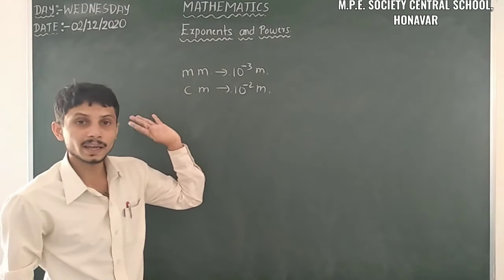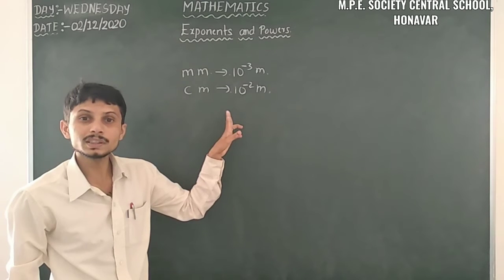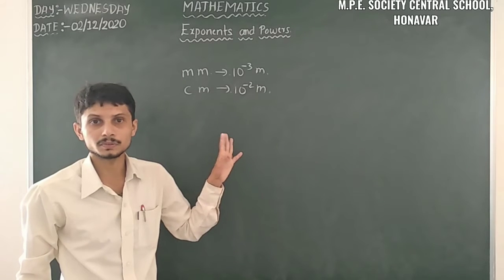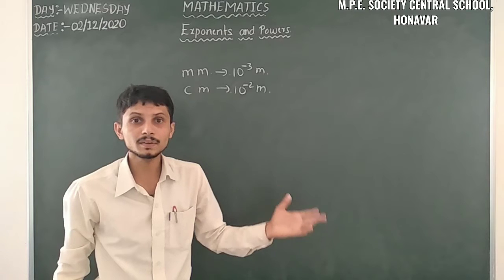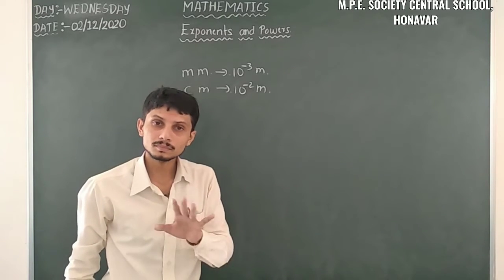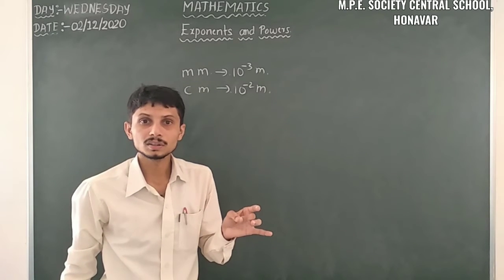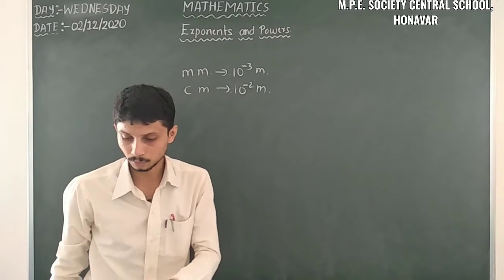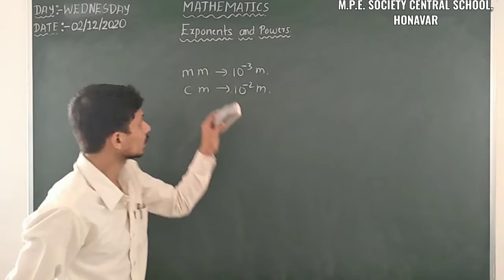So we use exponents to express very large numbers and very small numbers. When we have very large numbers, we can take positive exponents. When we have very small things, we have to express the numbers in the form of negative exponents.